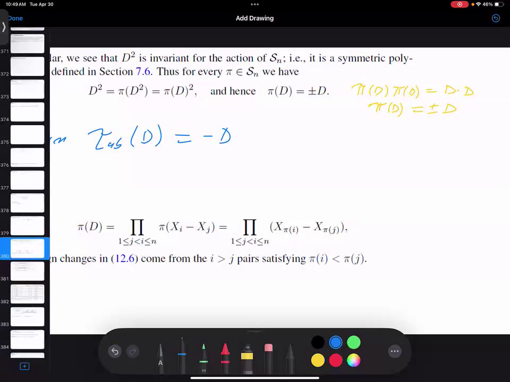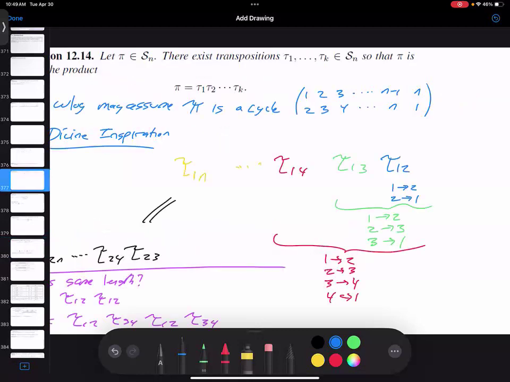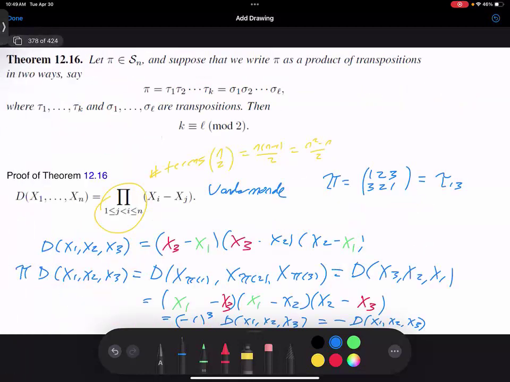In the example we had earlier, the transposition impacted all 3 of our factors here, and it was going to give us a -1 cubed. I don't care how many factors it impacts. I only care how many factors it impacts up to a multiple of 2.